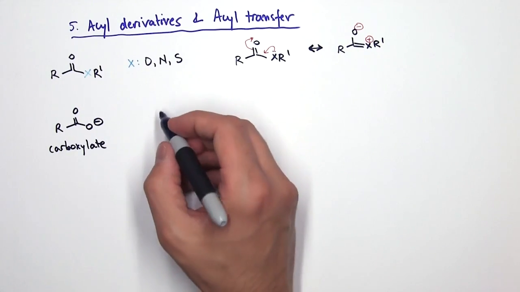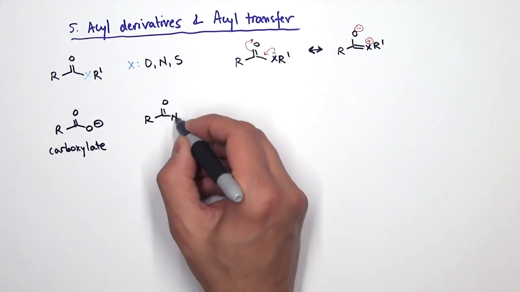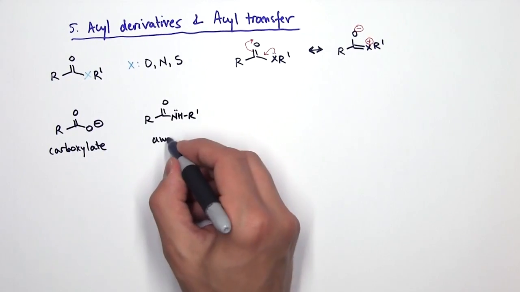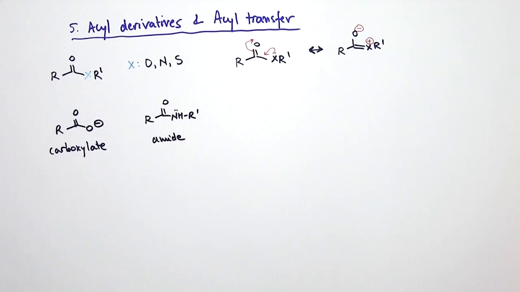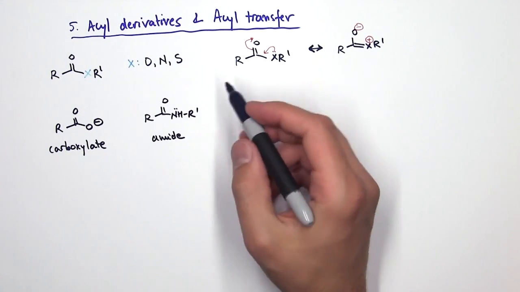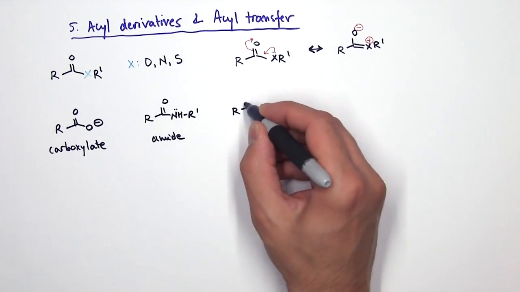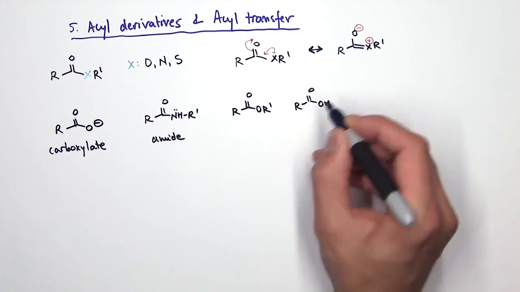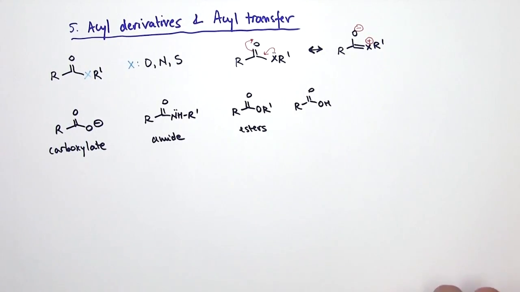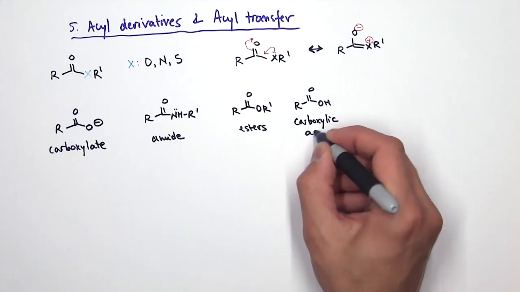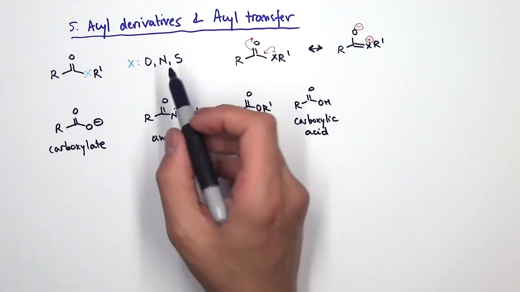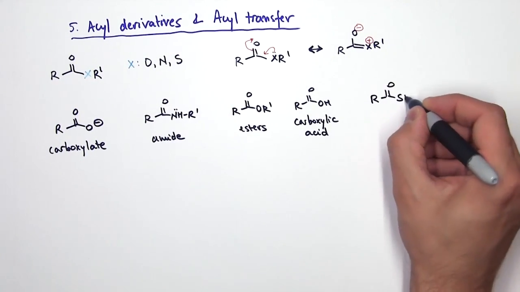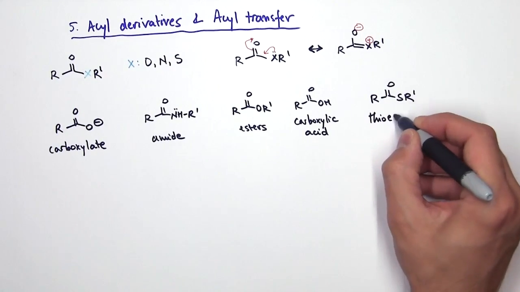If the heteroatom is nitrogen, we have amides. If the heteroatom is oxygen, we also have esters or carboxylic acids. And when the heteroatom is sulfur, we have thioesters.